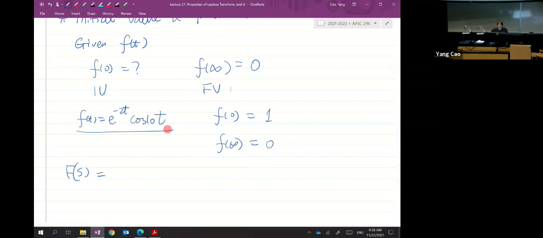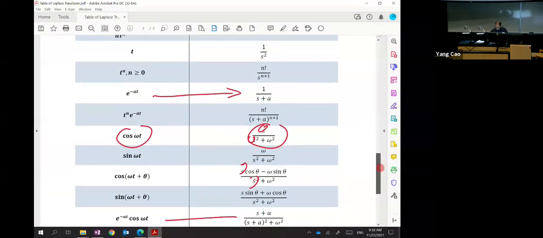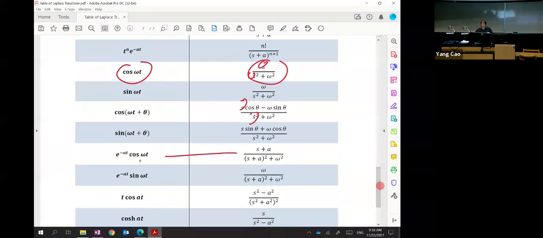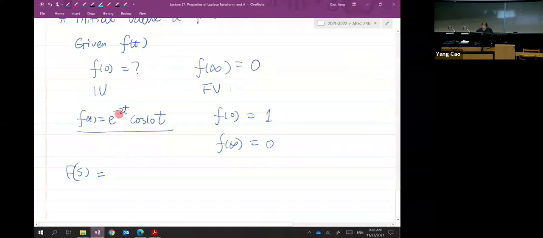If I do a Laplace transform of this function, using the property here: cosine omega t times an exponential function, its Laplace transform is s plus a over s plus a squared plus omega squared. In this case, a is 2, so s plus 2 over s plus 2 squared, omega is 10, so plus 100. This is the F of s for the f of t.